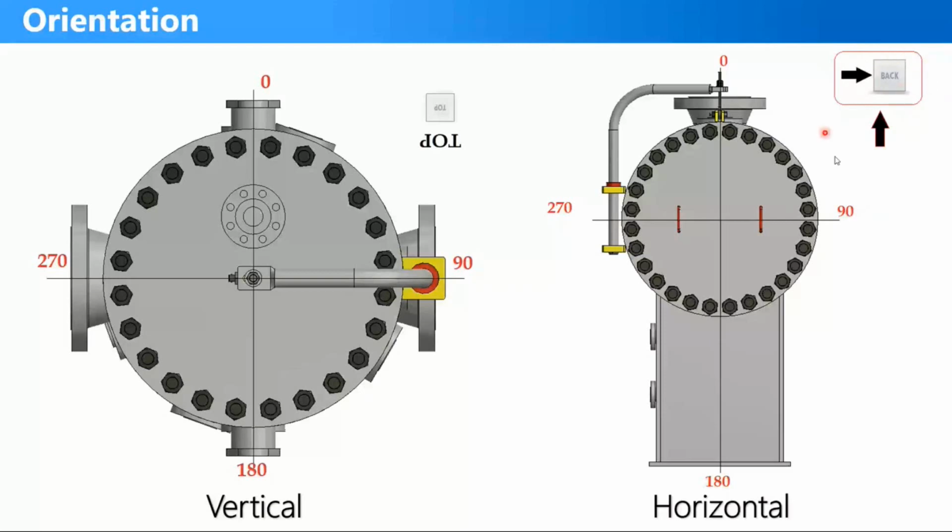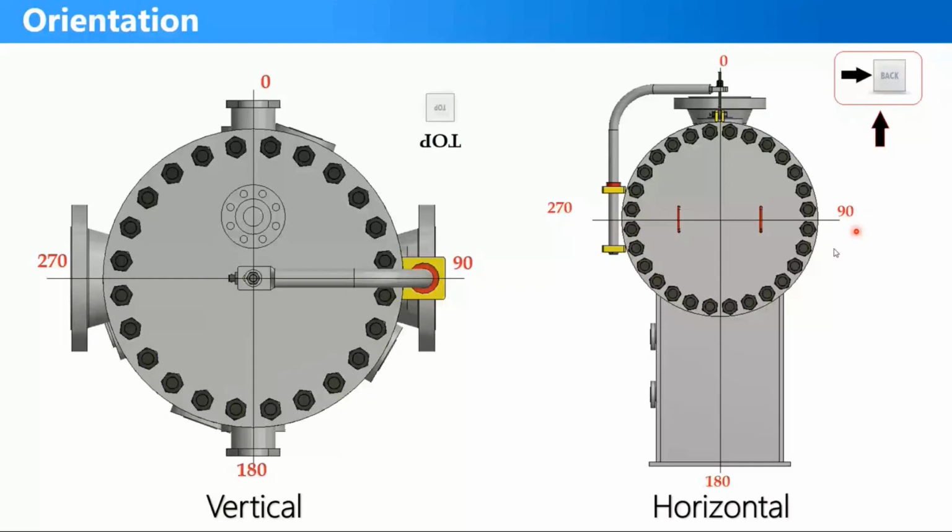The orientation arrangement will start at the top at 0 degree, and the 90 degree will be on the right hand side. So the direction of the orientation will be clockwise. The 0 starts at the top and 90 degree will be on the right hand side.